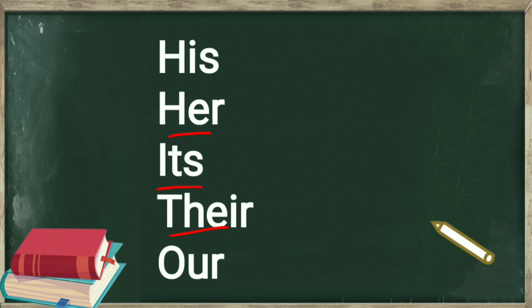Our classroom. So even I am included in the classroom. Our table. Our book. Understood, children? So their is used when it belongs to more than one person, and our is used when it belongs to oneself and others.